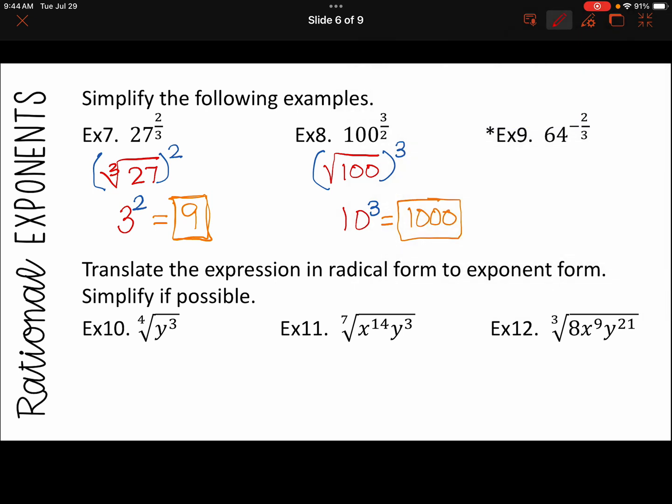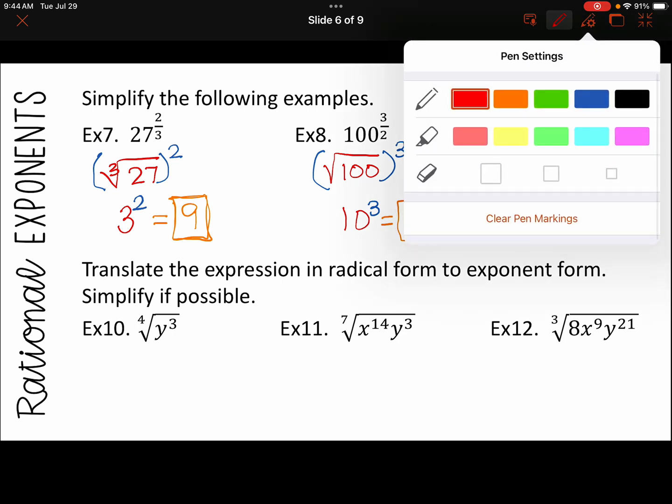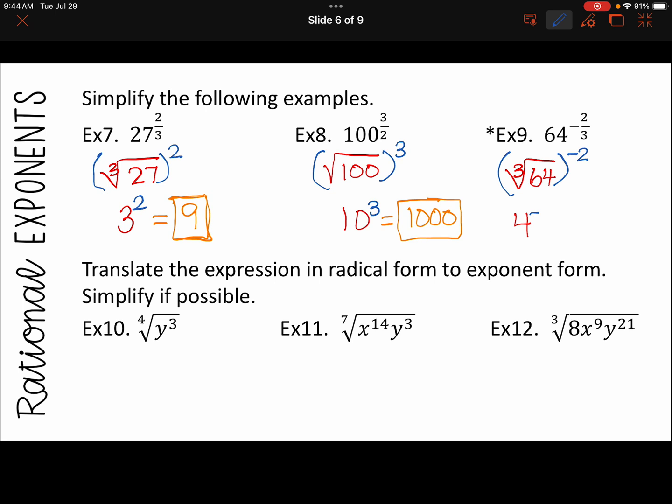We are going to do the cube root of 64, and then we're going to take that to the negative second power. So the cube root of 64 is 4, and then we've got 4 to the negative second power, and so that's how we're going to get 1/16.